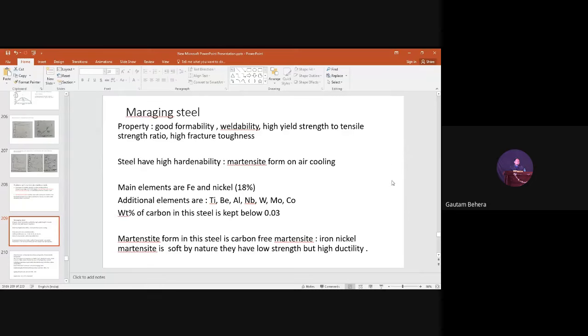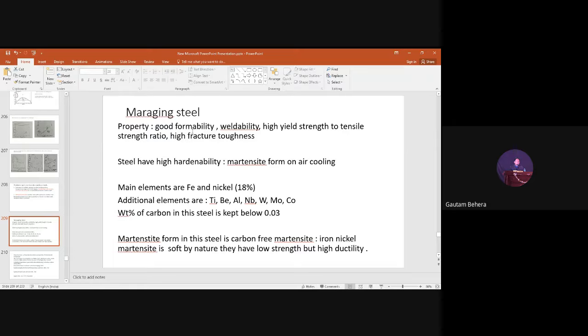Maraging steels. Okay, fine. So there was a topic, as we have already discussed, that is different types of steels, but we have left this one, maraging steels, which is an important class of steels because these are ultra high strength steels. They have wide applications in defense, aerospace and aircraft applications.